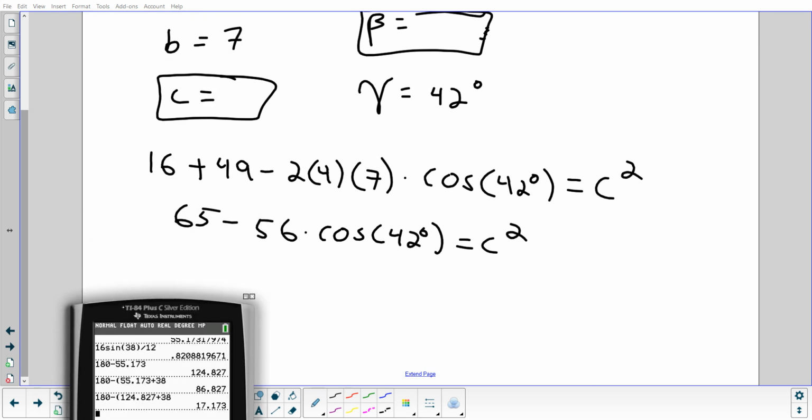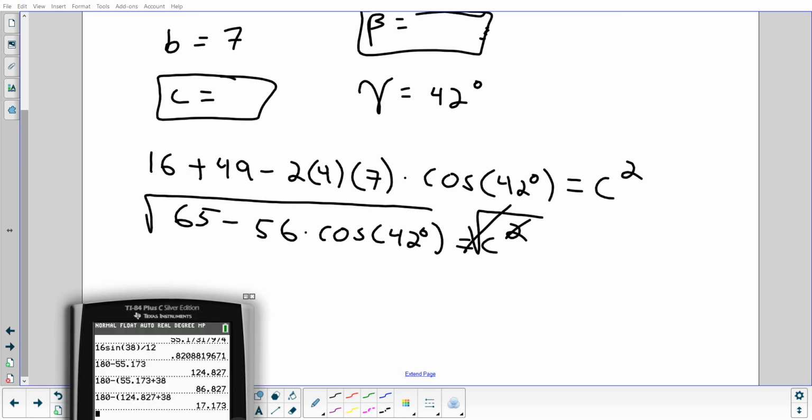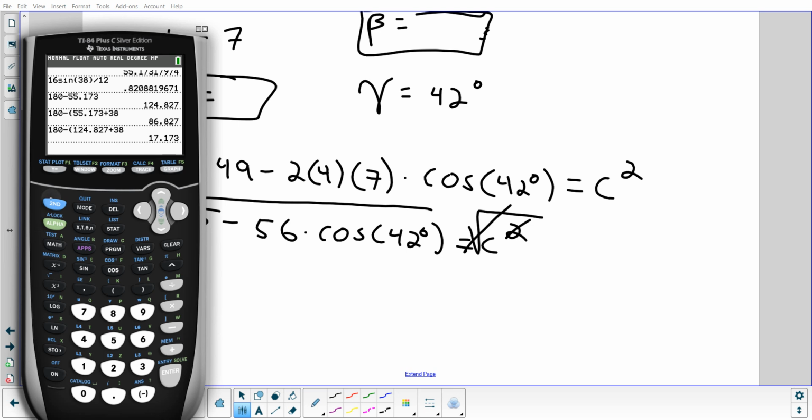So let's just write what we're going to do first, and then we'll type it in. So take the square root of both sides. And there's your answer. Square root of 65 minus 56 cosine 42. That's exactly how you want to type it in.